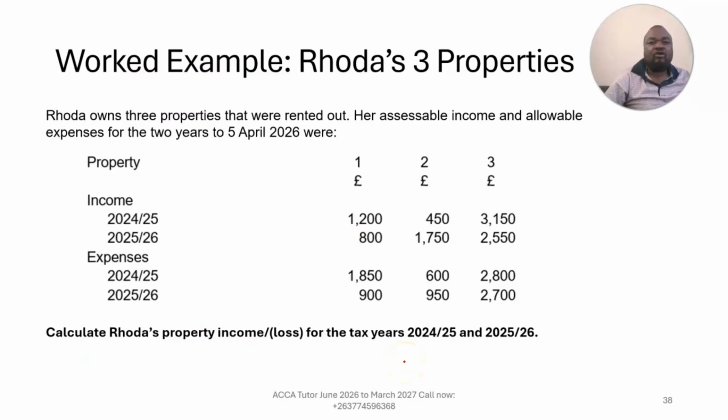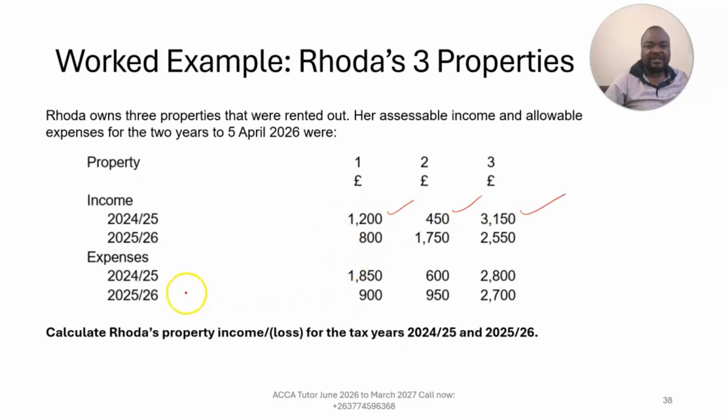Now, Rhoda owns 3 properties that were rented out. Her assessable income and allowable expenses for the 2 years to April 2026 were for properties 1, 2 and 3. The incomes for the 2024-25 year were 1,200, 450 and 3,150 pounds.